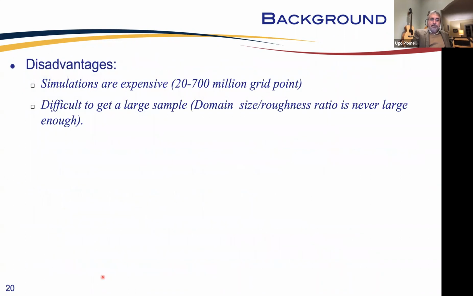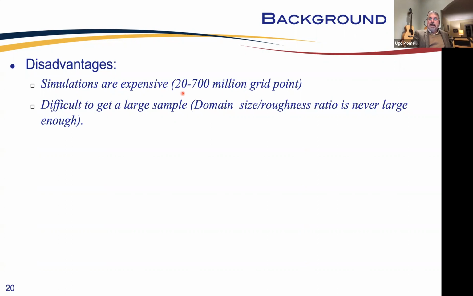The disadvantages of numerical simulations are that they're expensive. They're expensive because you want a fairly large value of delta plus, and you want a small k. A small k means that the grid must be small because you need about 10 points in each of the streamwise and spanwise direction to resolve one grain of sand.